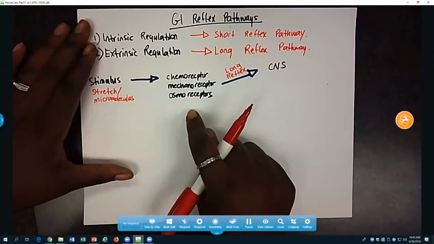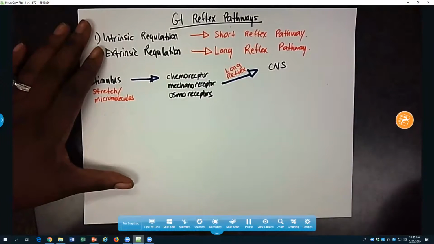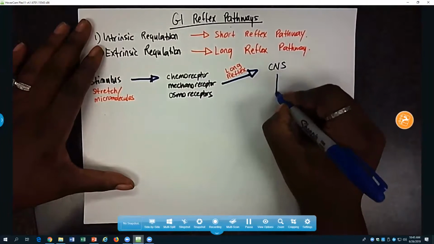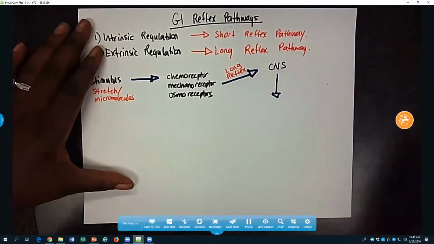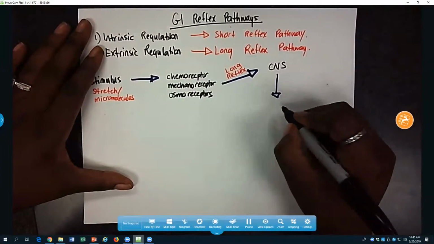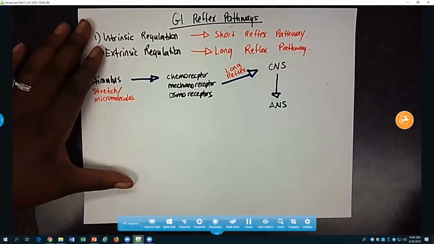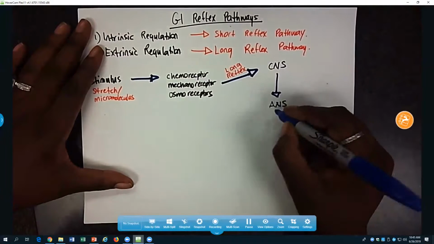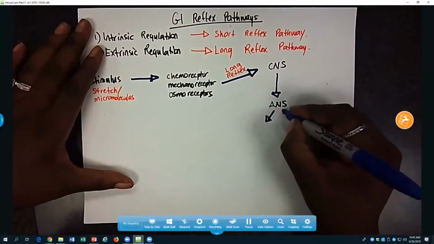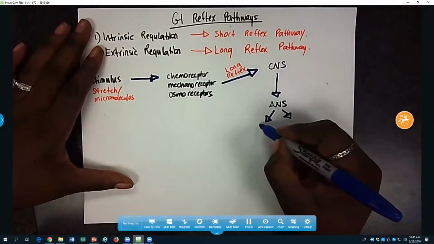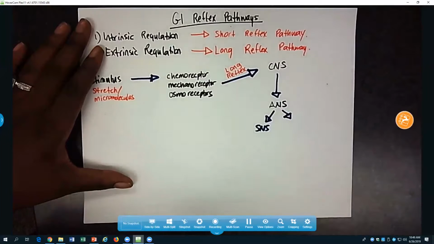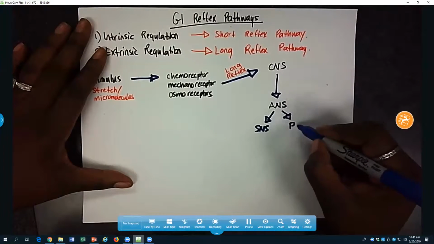So the long reflex pathway takes us to the central nervous system, and the central nervous system is going to excite the autonomic nervous system. And remember the two divisions of the autonomic nervous system, or at least we should, right? There was the sympathetic nervous system and the parasympathetic nervous system.